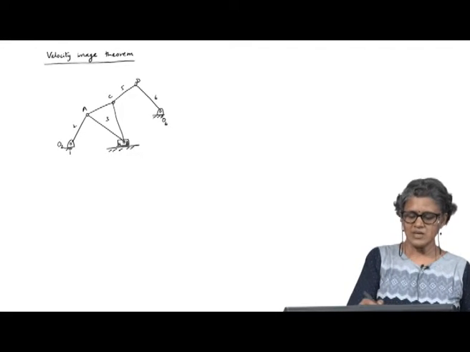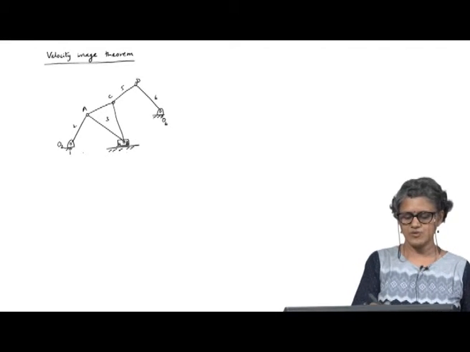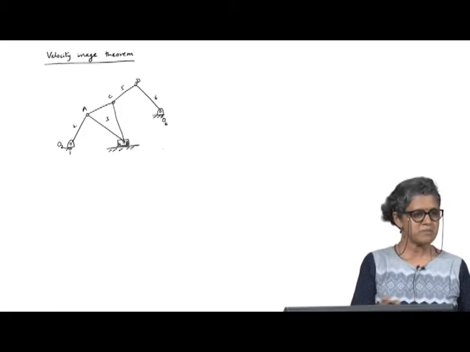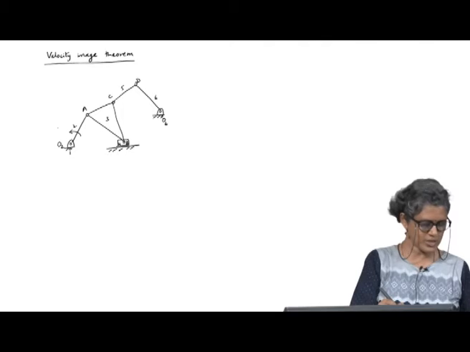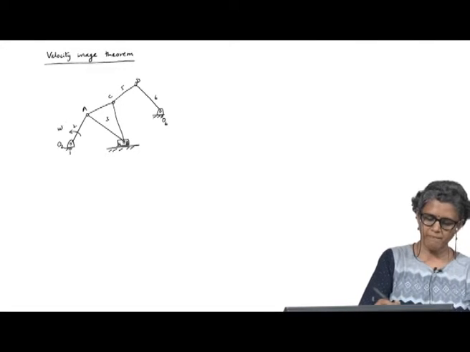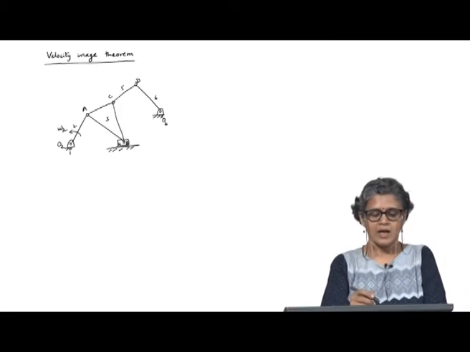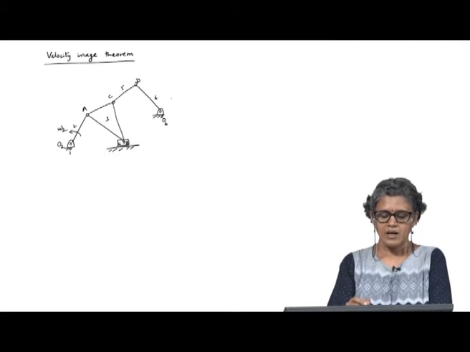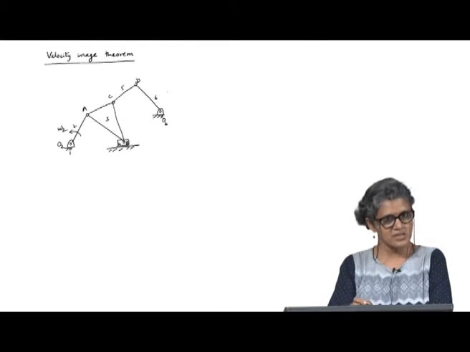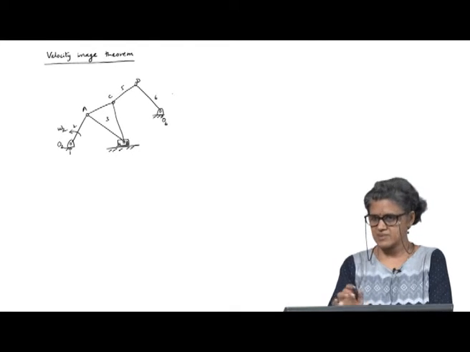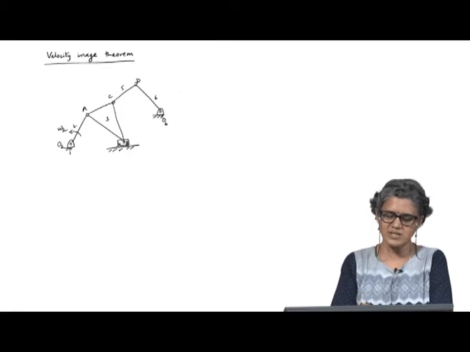I can do the velocity analysis for O2AB, which is simply a slider crank. So, say this is my input link. Okay. Then the output that I am interested in is omega 6.